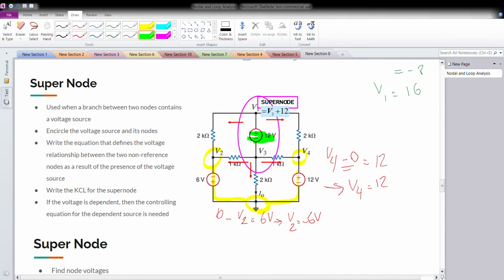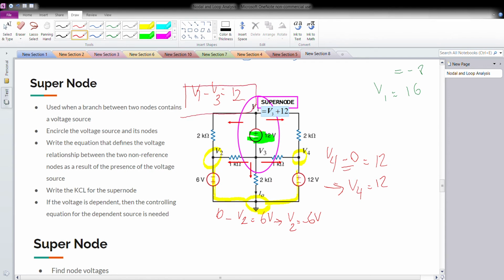So the first thing I'm going to do, whenever you see something like this, go ahead and write the voltage difference. My higher side, which is V1, minus my lower side, which is V3, is going to be equal to 12. So we're going to keep this equation with us when we're solving this.